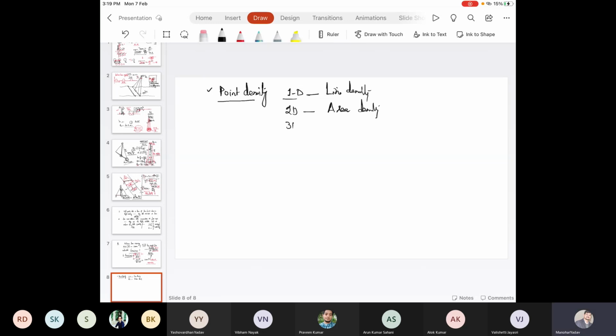While in 3D, we call it volume density. In our analysis, we consider the first two, that is line density as well as area density. So if we start with the line density, then combining the line densities we obtain, we'll see what the average area density will be.